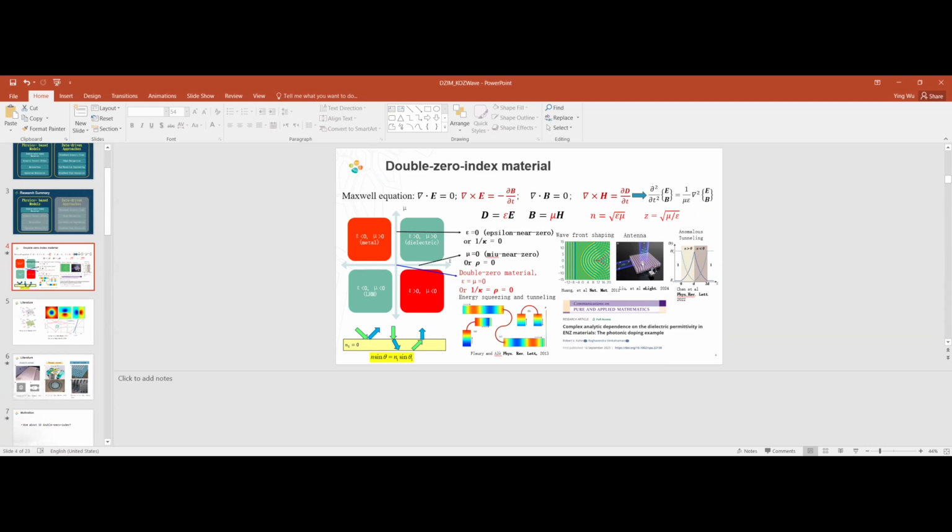If you use metal in the optical frequency, then the loss is unavoidable. And I have to say, the robustness of the zero index property really depends on how much loss you have.